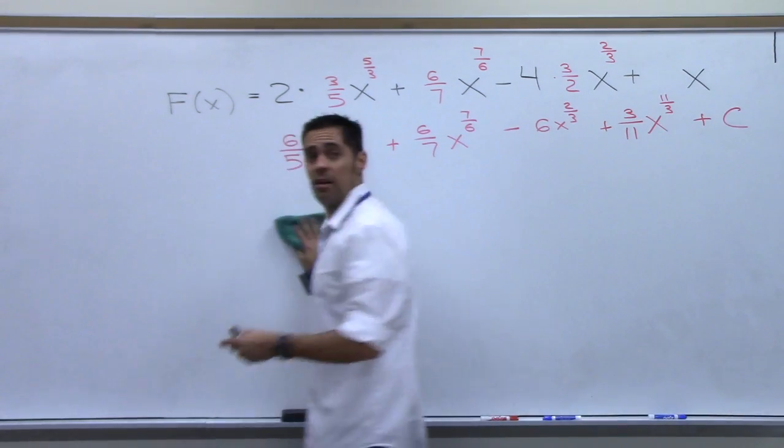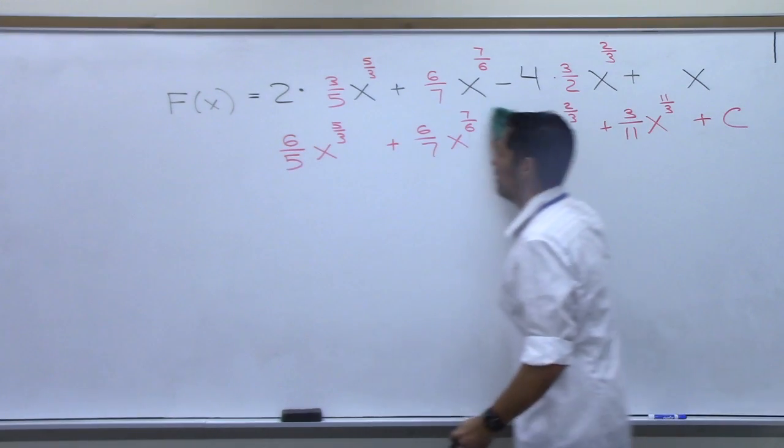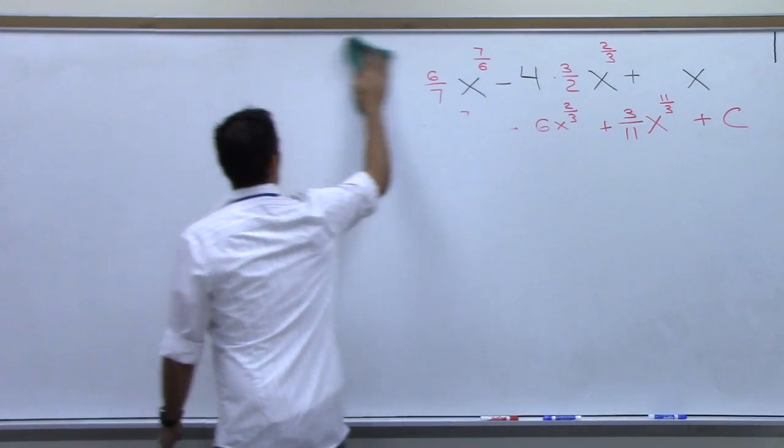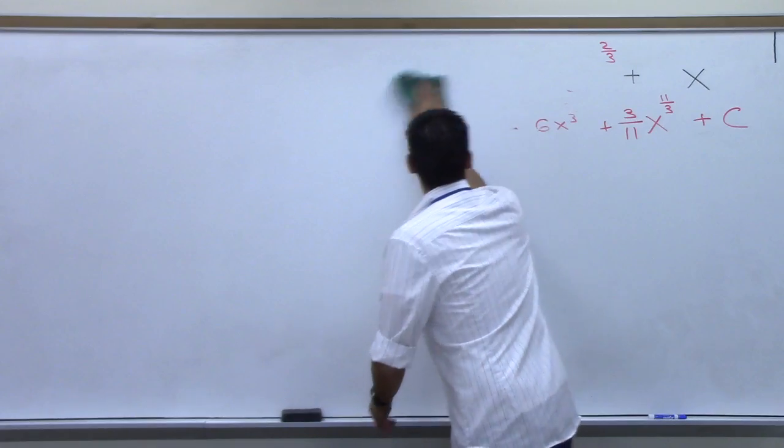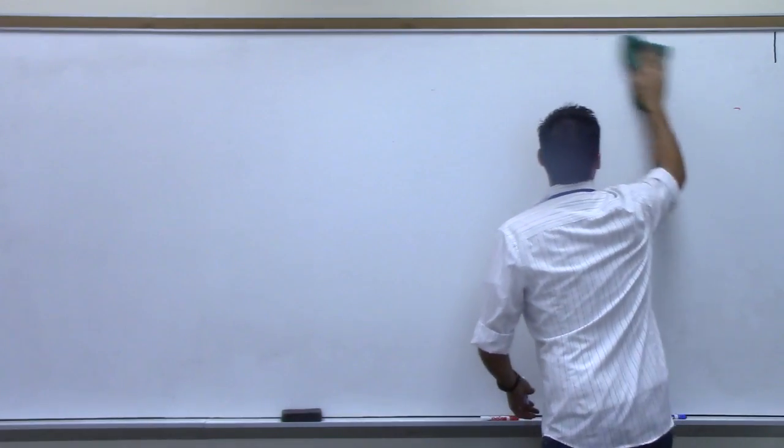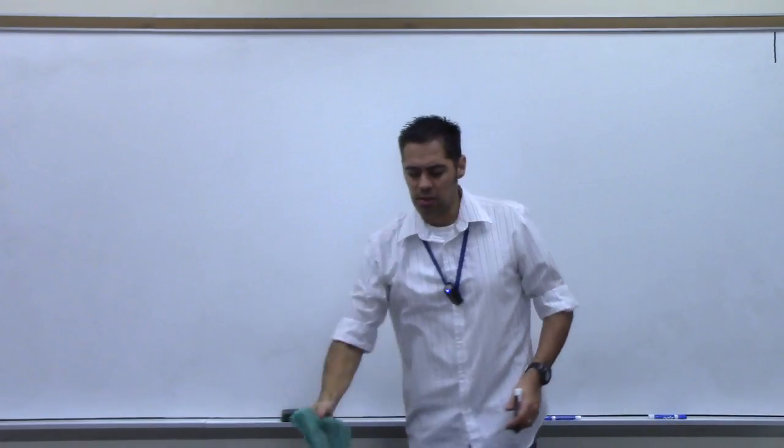Okay, let's look at the next example, C. What example C is checking is that you remember those common antiderivatives that you should know from Cal 1.